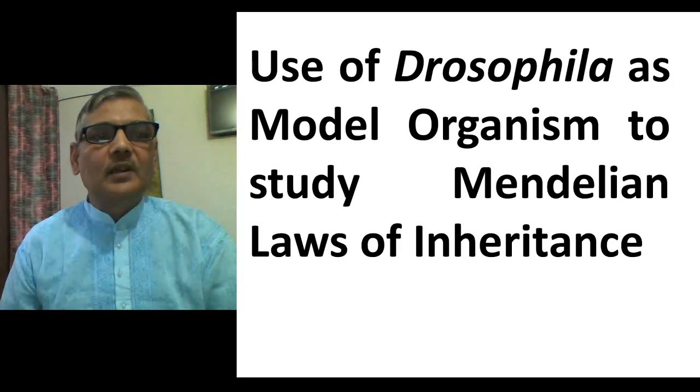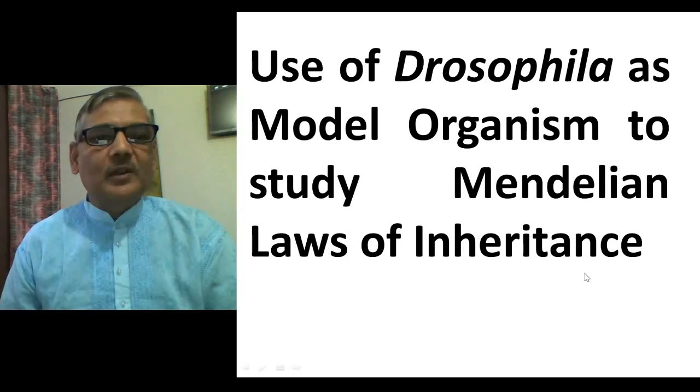Use of Drosophila as a model organism to study the Mendelian law of inheritance. We are well aware that it was Gregor John Mendel who worked on Pisum sativum, that is garden pea, to explore the way the parental features are inherited to the next generation.